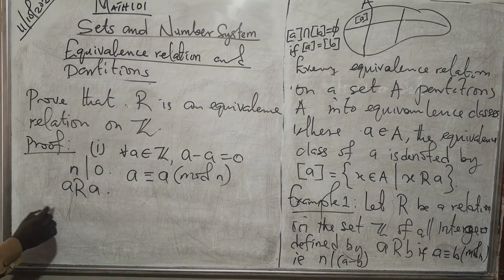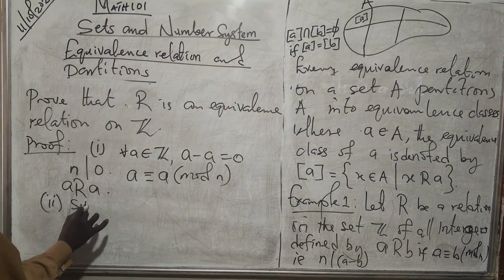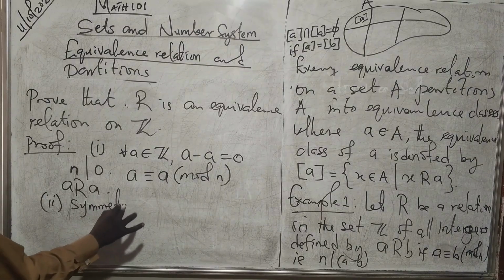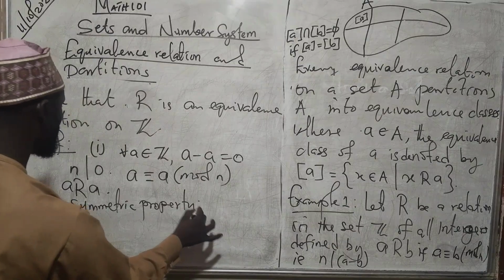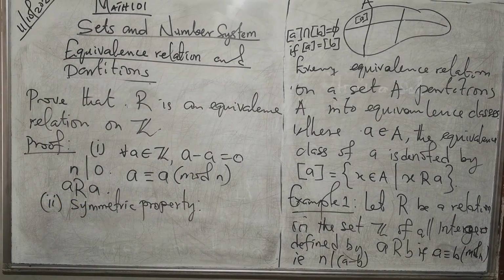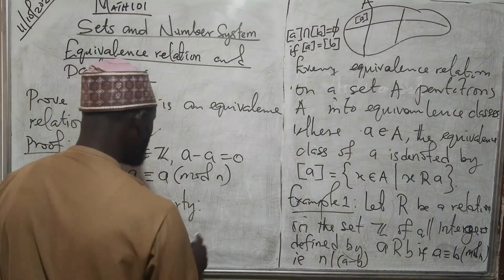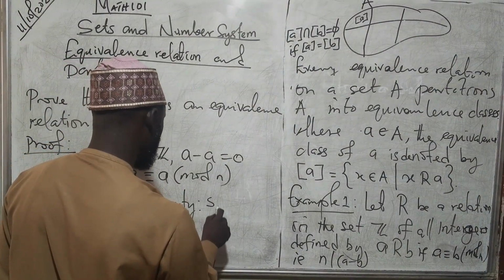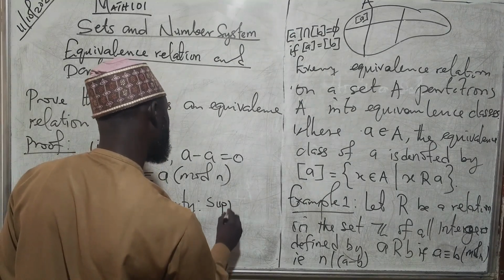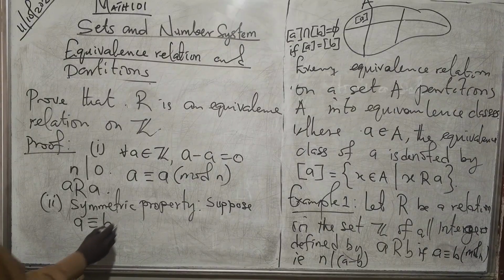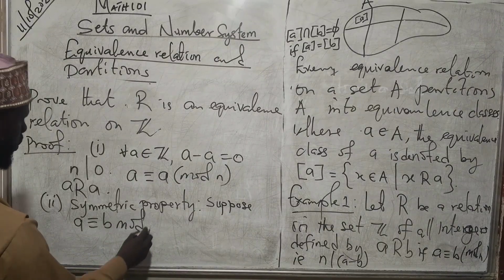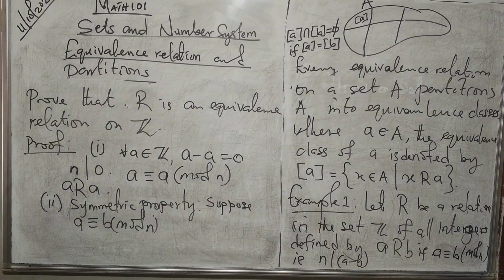Now for the second item, the symmetric property. We have to check that too, even though we mustn't write it, but for guidance, let's write. Suppose A is congruent to B modulo n. What does that mean?